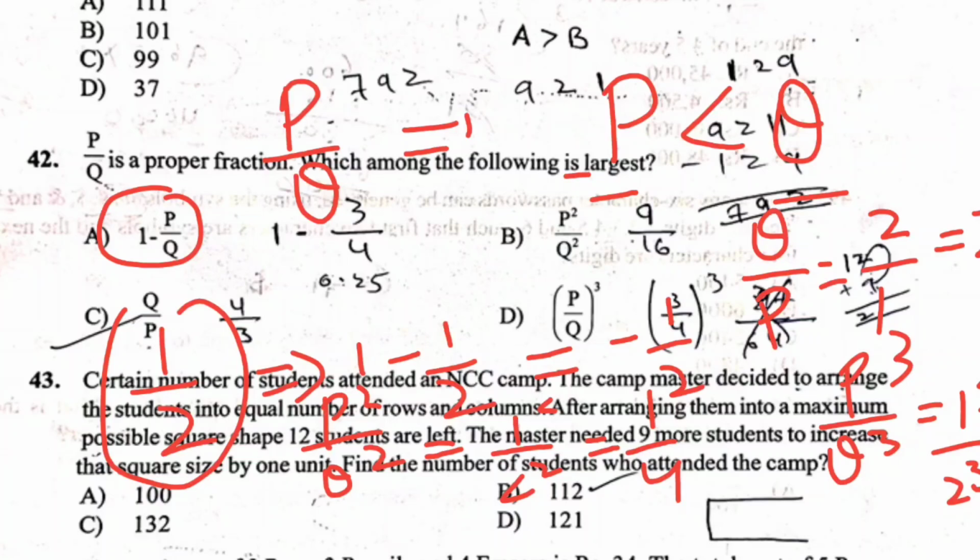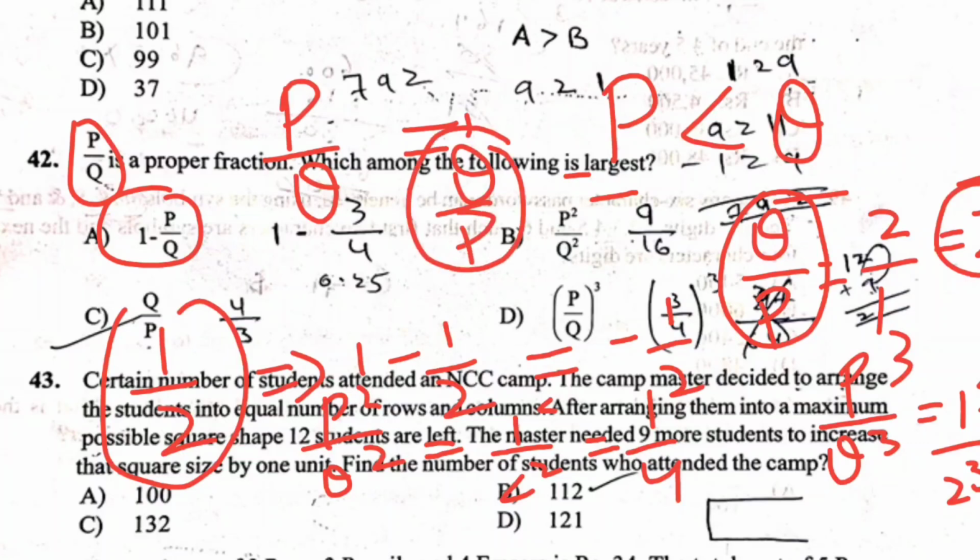Among these you can see Q upon P is the greatest number. That is, if P upon Q is a proper fraction, its reciprocal, Q upon P, will be the largest number among the given options.